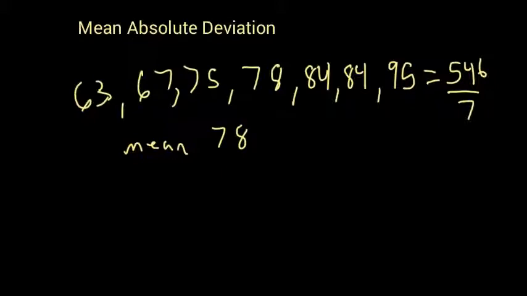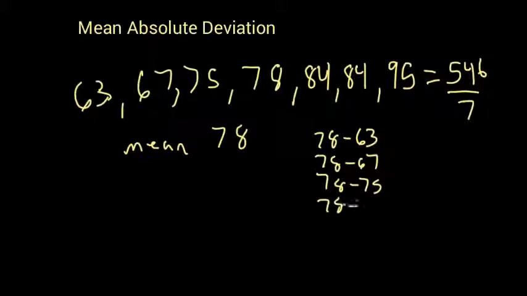What I have to do with that mean is subtract it from every single number in my set of data. So I'm going to do 78 minus 63, 78 minus 67, 78 minus 75, 78 minus 78, 78 minus 84, and 78 minus 95.